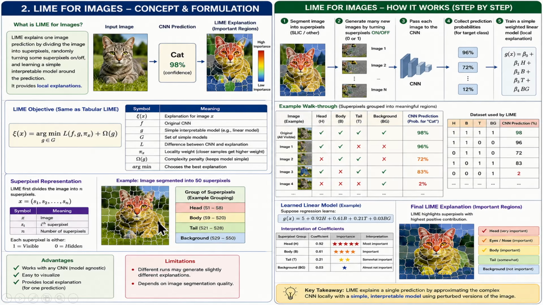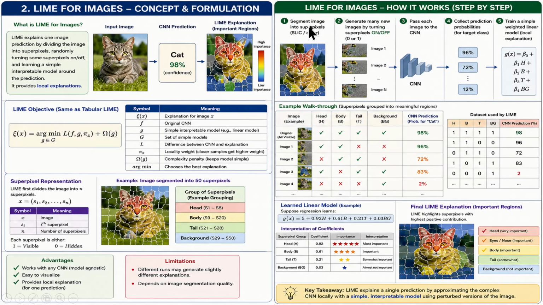Though here the tail is not visible, it is a sample of how LIME divides the image into superpixels. Finally, we have a background with S29 through S50 superpixels. The procedure is here.